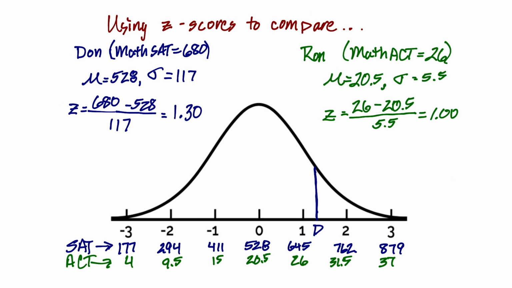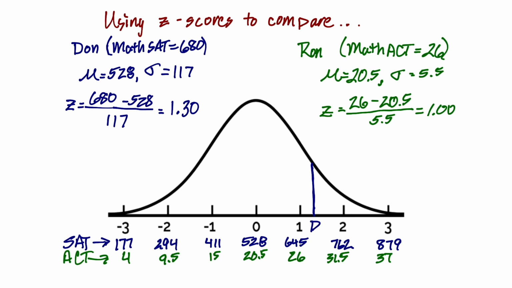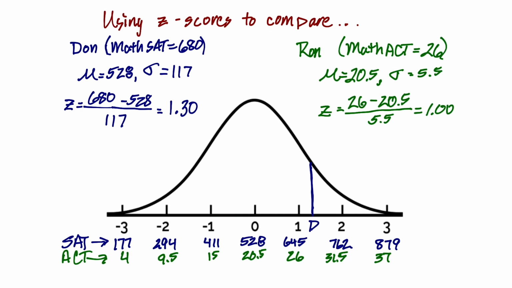So Ron is also above the mean, but he's not as far above the mean. I'll put an R by this one for Ron. So we got Ron and Don. They both did very well on their respective tests, but relatively speaking, who did better?